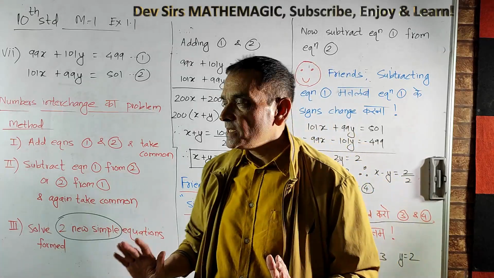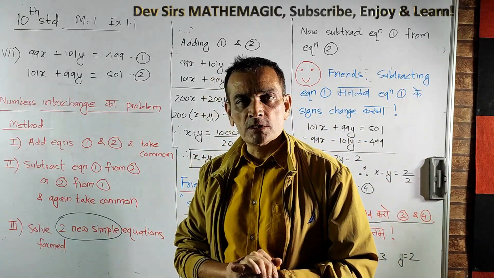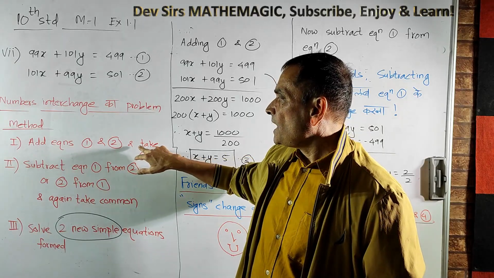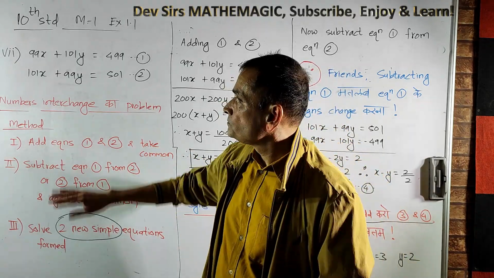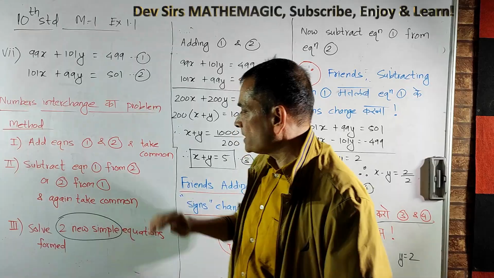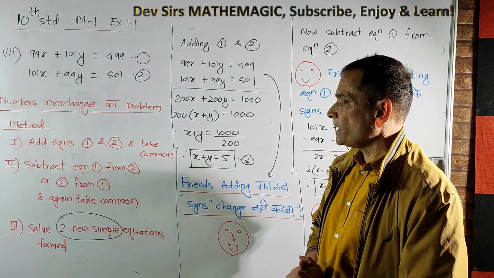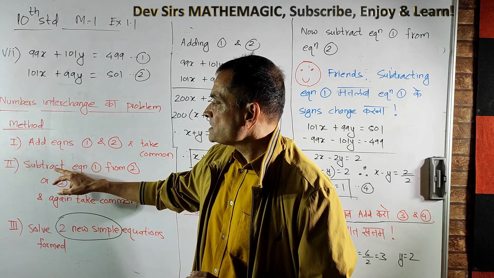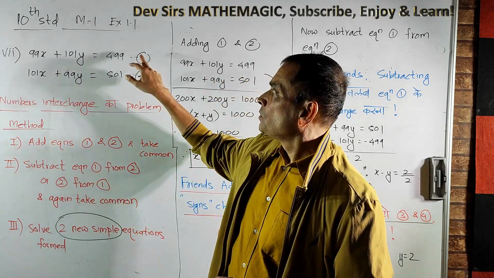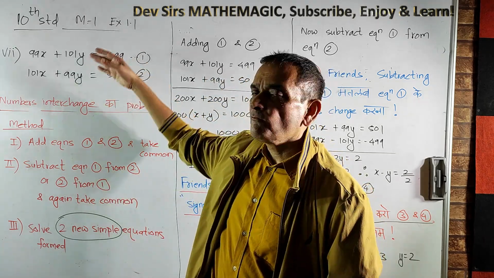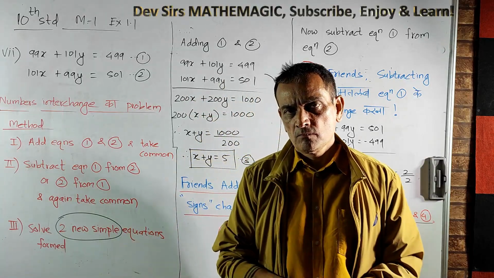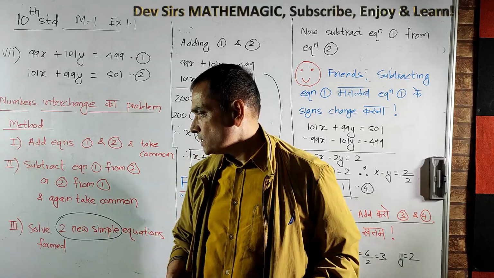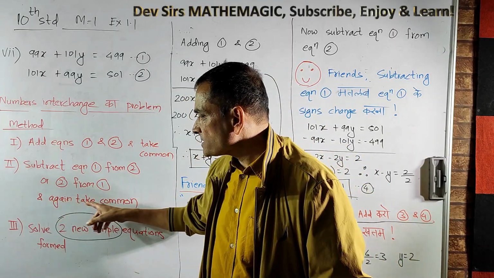So the simpler method is: add equations 1 and 2 and take something common. We are going to add both equations. Then subtract equation 1 from 2 or 2 from 1. It is our choice. Subtract and change the sign of one equation. And again take something common.